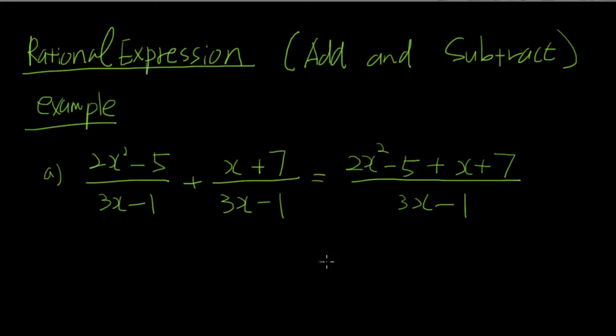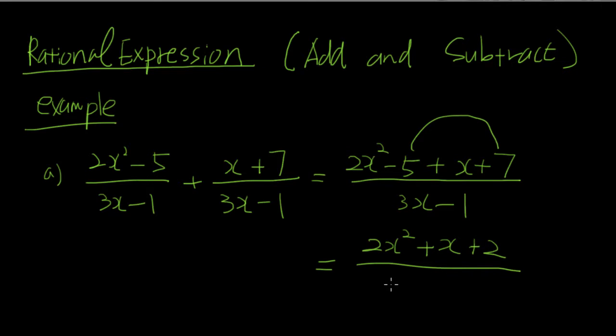As for the final step, just combine the like terms. These two are the number terms. So 2x squared plus x, we write the x term, minus 5 plus 7 is plus 2, over 3x minus 1, just like that, right?